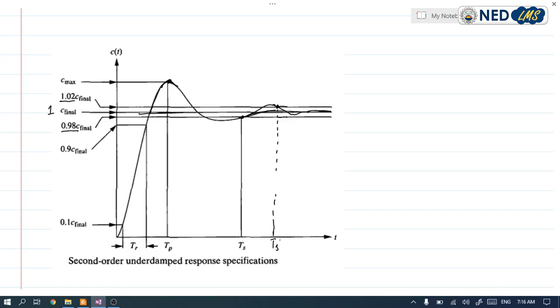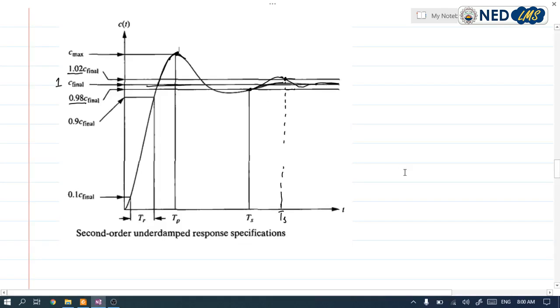So the rise time, peak time and settling time basically represent the information about the speed of the transient response, and this information will help a designer to determine if the speed and the nature of the response will give the required performance of the system or not.